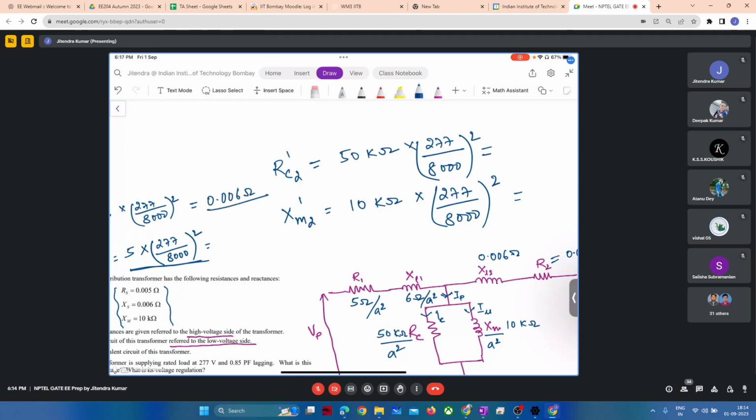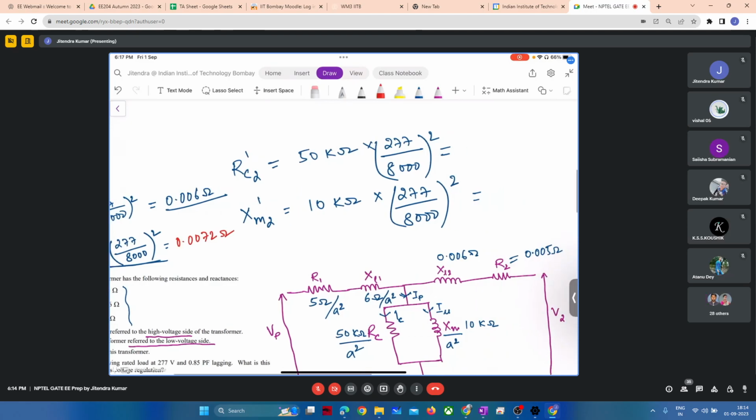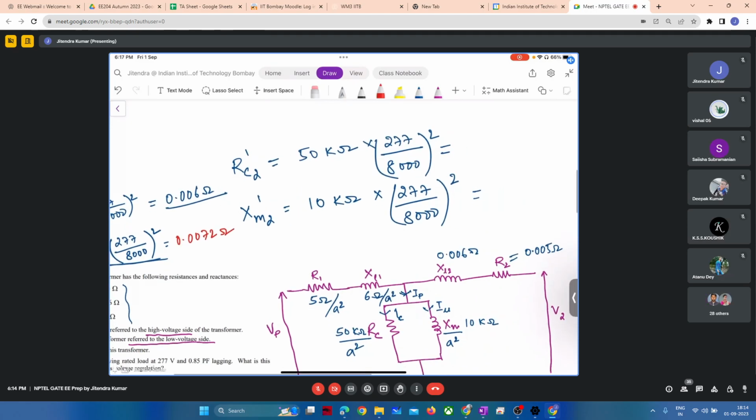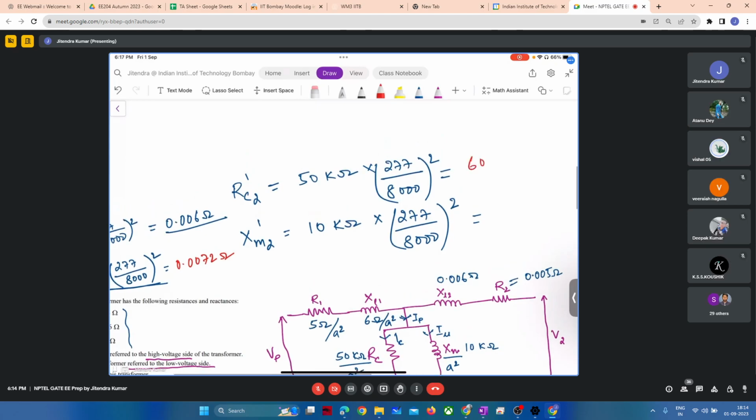Okay, this will be 0.0072 ohm. Core loss component will be 60 ohm, and magnetizing reactance component will be 12 ohm.